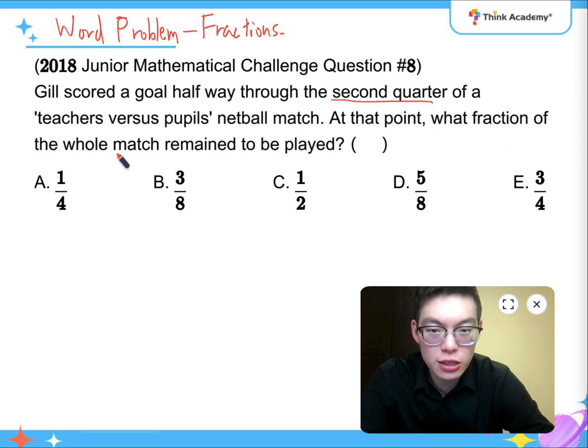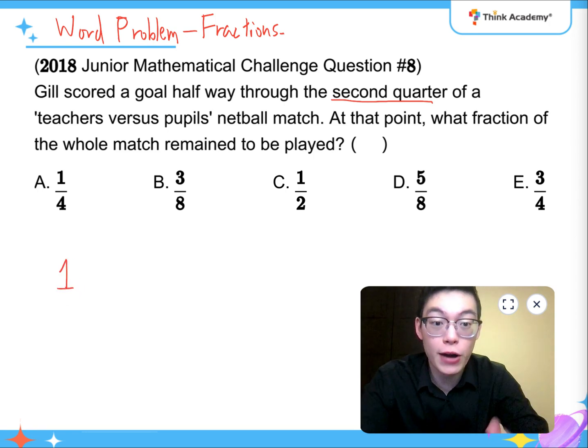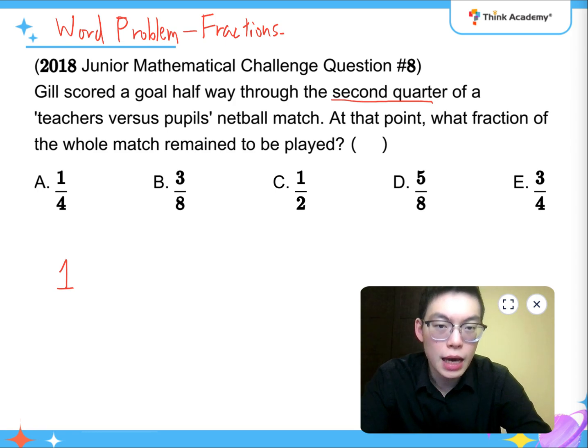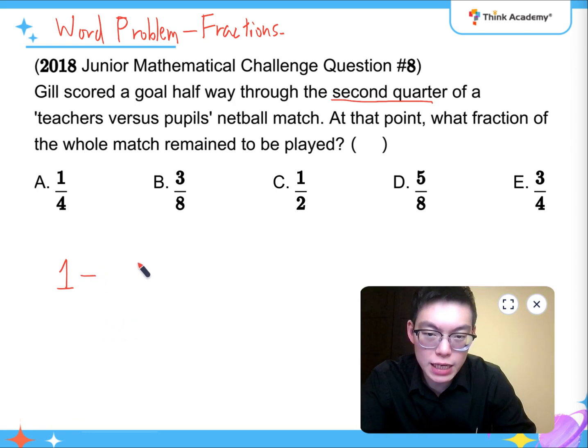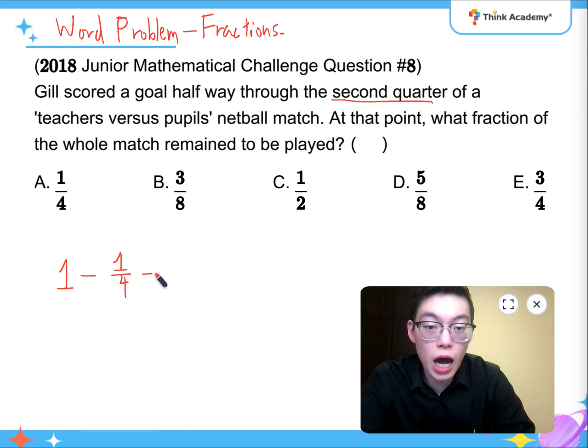So what fraction of the whole match remained to be played? So we know that the whole match can be represented by a fractional 1, which represents 1 whole, right? And the first quarter is already gone, which means that I just need to take away the first quarter, and then half of the second quarter is gone.